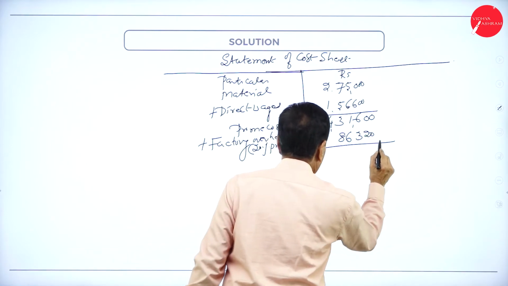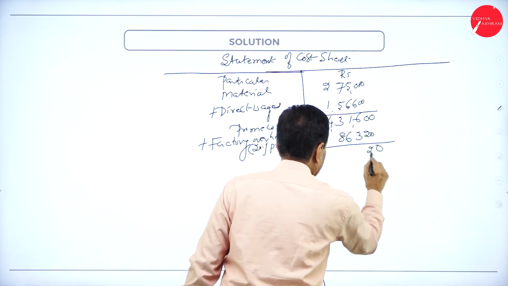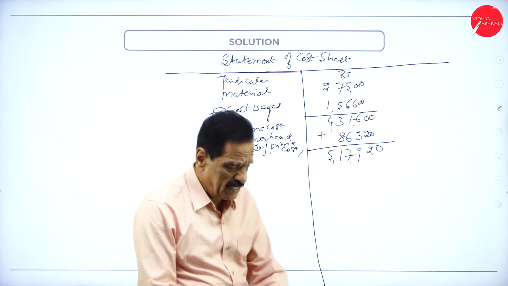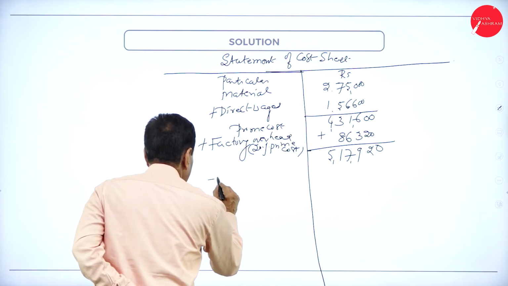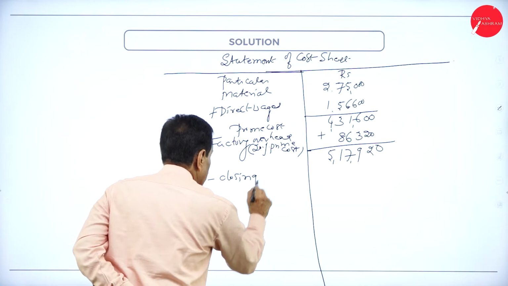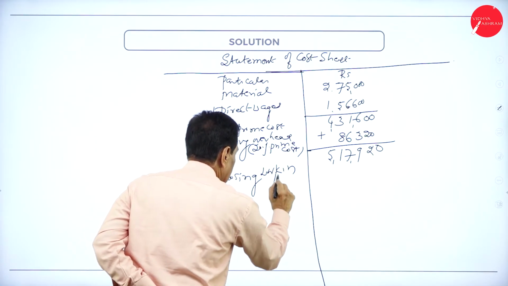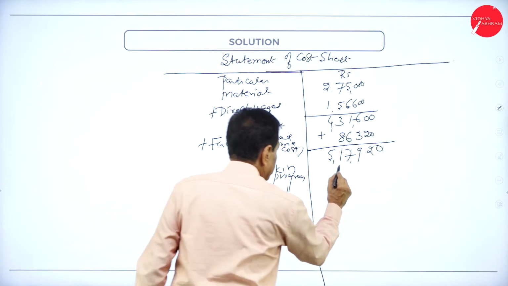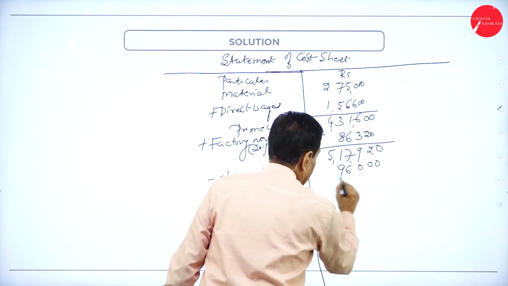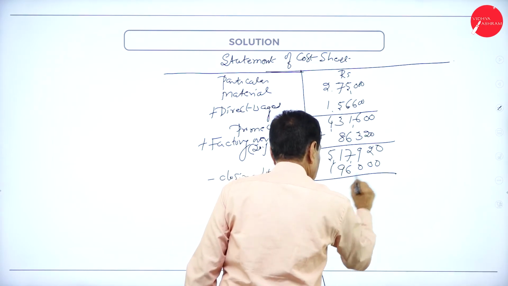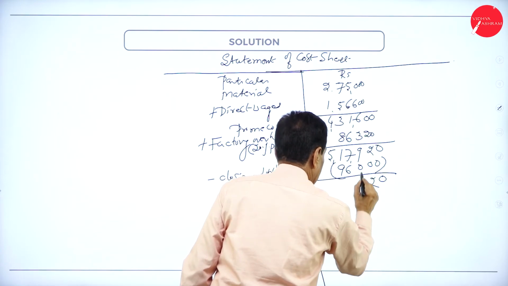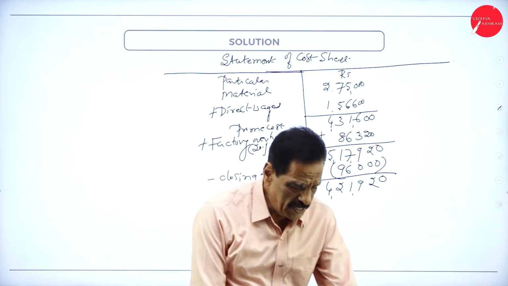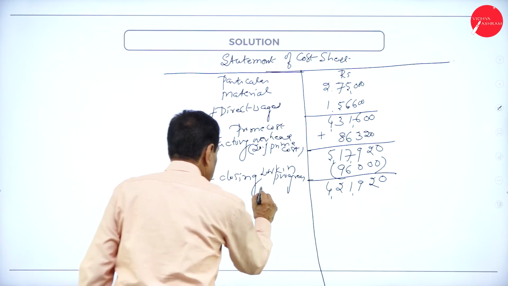Add the figure, 5,17,920, minus closing work in progress 96,000. Deduct, this is 4,21,920. This is your works cost.